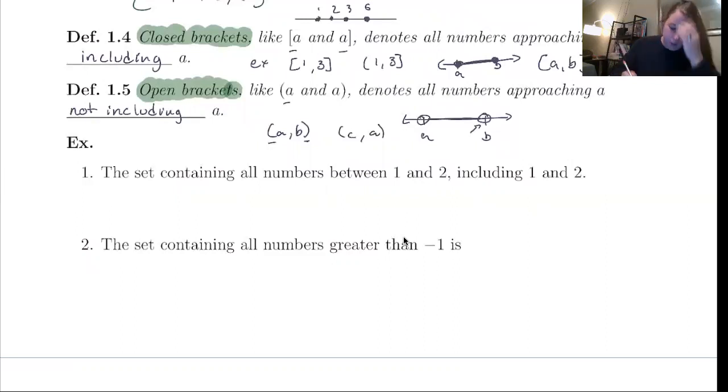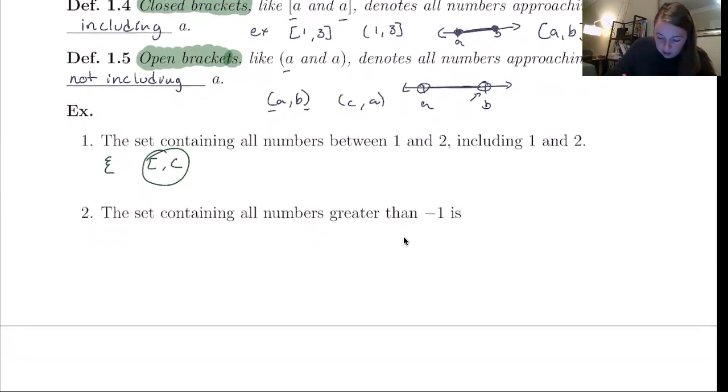So if I want to display the set of all numbers between 1 and 2, so it's all of the numbers, every single one, am I going to use set brackets or am I going to use closed or open brackets? It's going to be these two, right?